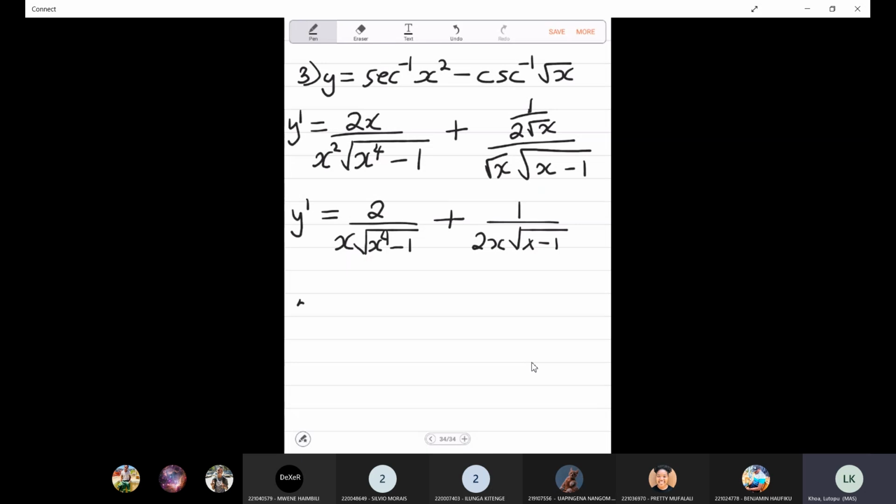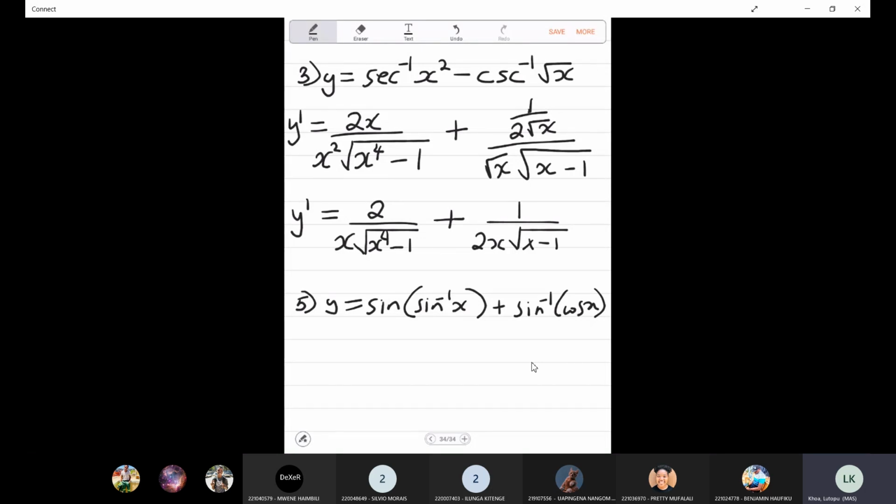Okay, number 5. We have y is equal to sine of sine inverse of x plus sine inverse of cos x. Even before you differentiate, sometimes there will be expressions that you can simplify.